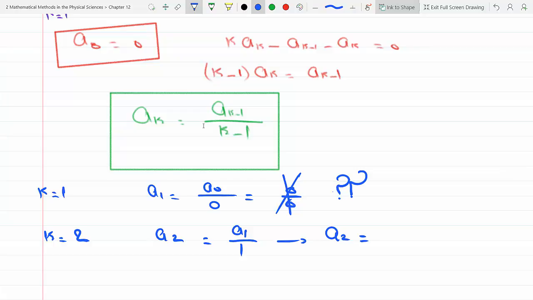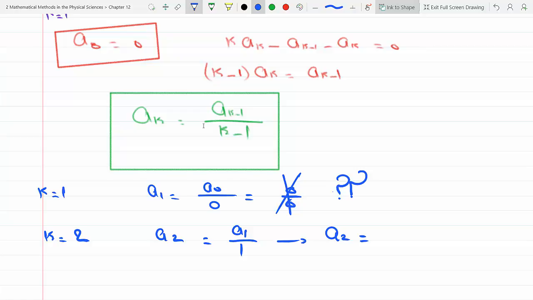This is basically the constant of integration for the first order differential equation. I do need initial conditions. Notice I can't mathematically figure out what a1 is. It's inherent to be an unknown in the differential equation itself. So I would need additional information, a physical situation, to figure out what it is.